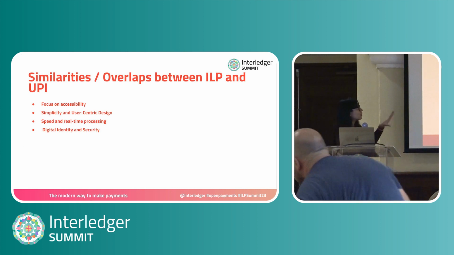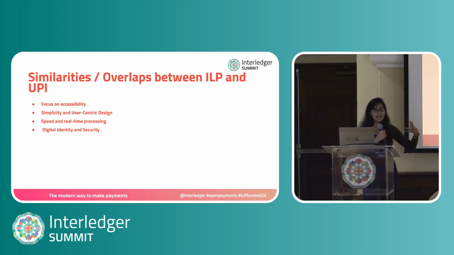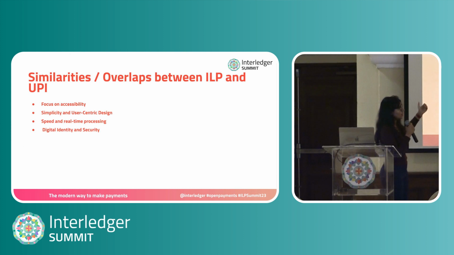One is focus on interoperability. ILP is mostly focused on interoperability between different ledgers and different payment networks, for example, cryptocurrency and the traditional bank networks. Whereas UPI's interoperability means different banks and different payment institutions within India. That is something that both of these are super focused on.